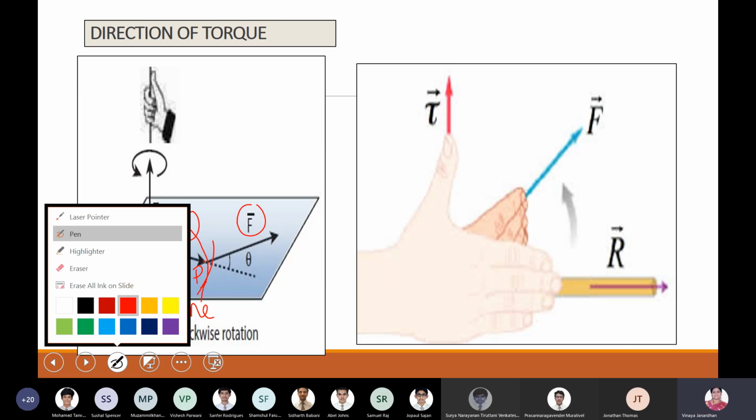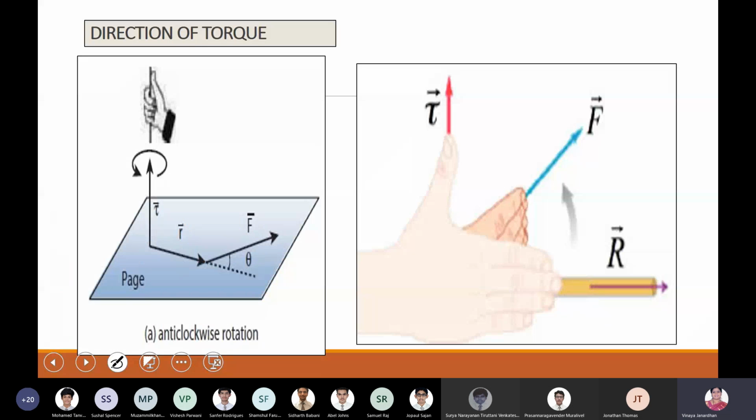It makes the particle rotate, which means a torque has been applied on the particle. Now, what will be the direction of the torque?